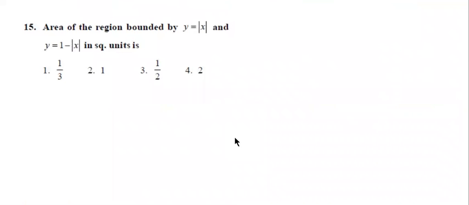Next, I'm going to the fifth question. Area of the region bounded by y is equal to mod x and y is equal to 1 minus mod x. First, draw the graph. Already we know how to draw the graph y is equal to mod x.